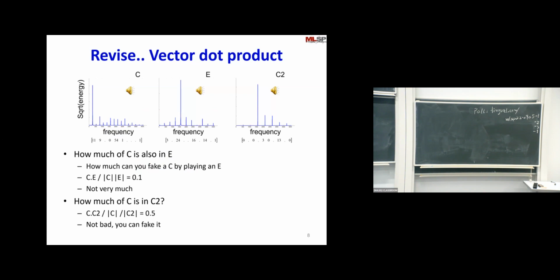Which of the two are going to have the lowest inner product, highest inner product? Anyone? The C and the higher octave, because physically speaking, the frequencies are going to align. Whereas if you look at C and E, very few of the frequencies would actually align, which is why the inner product is going to be bad, right? So again, I'm trying to give you a physical interpretation of all this.